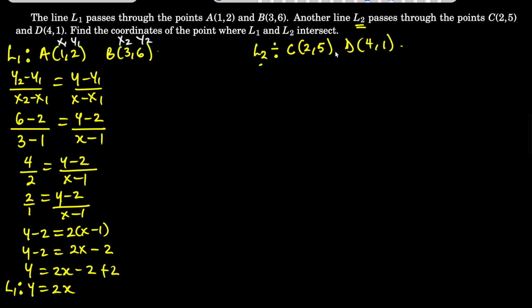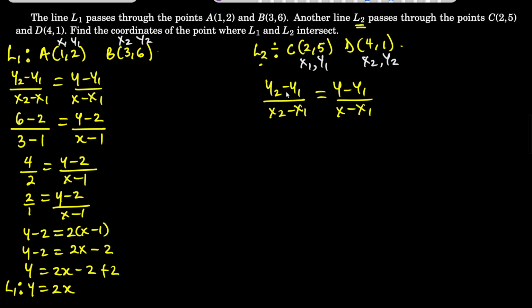For line 2, you repeat the same process: x1, y1, x2, and y2. The formula again: y2 minus y1 over x2 minus x1 equals y minus y1 over x minus x1, so that you don't say that you can't recall the formula.